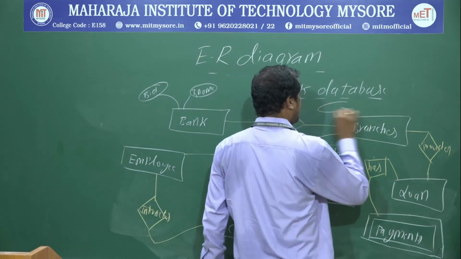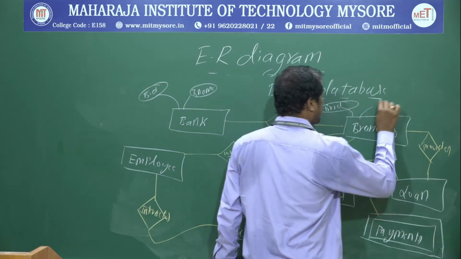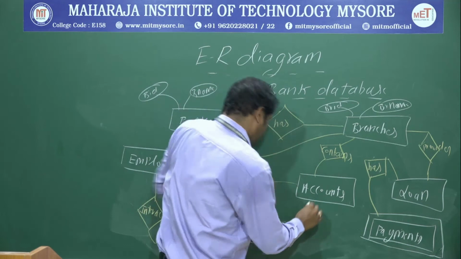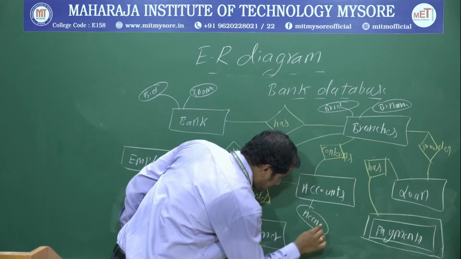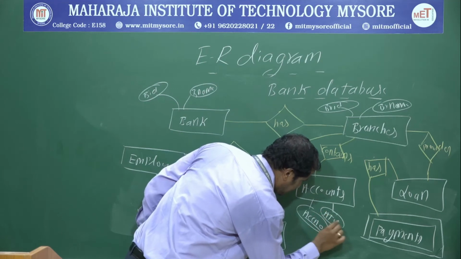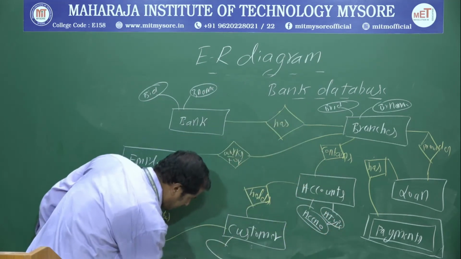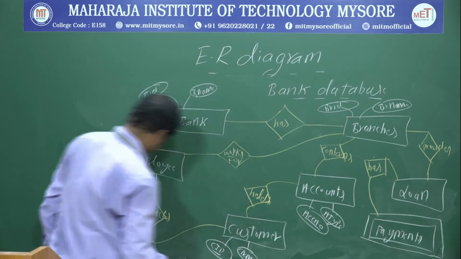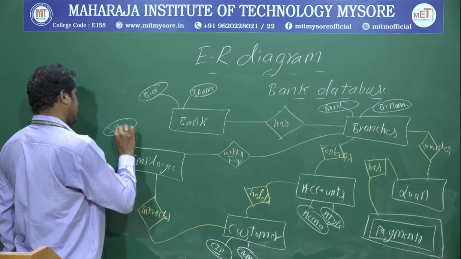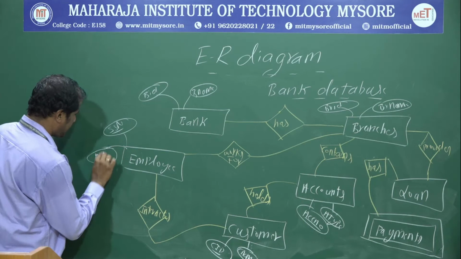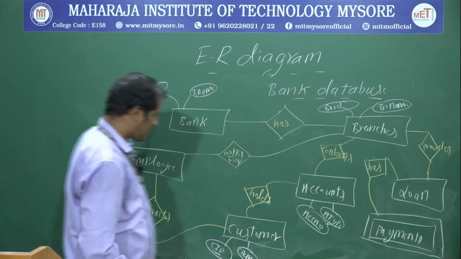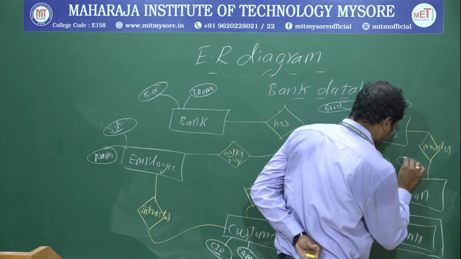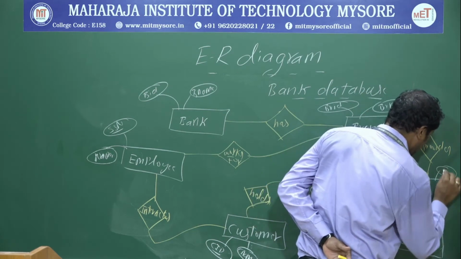Here I need to write branch ID, branch name. Then account number, account type. Then customer ID, customer name. Employee: SSN and name. Loan: loan number and loan type.